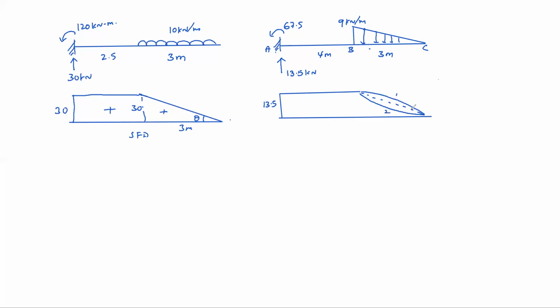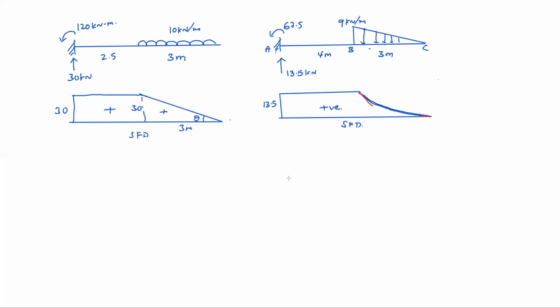The second one is correct, the slope decreases. Yes, the intensity of loading is decreasing from B to C. So the maximum slope should be at B and zero slope should be at C. The slope should decrease gradually. That you should keep in mind. Positive SFD.